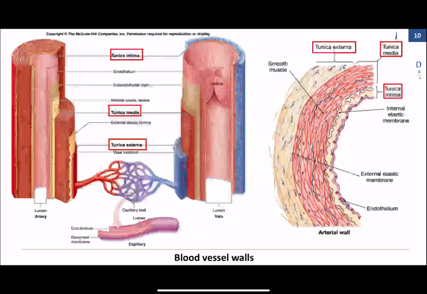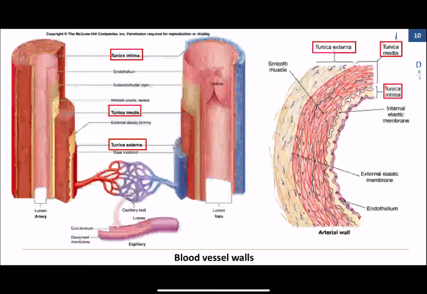And then out here is my tunica adventitia, which has connective tissue, and if it's not running through connective tissue, if it's something you can dissect out as a separate organ in and of itself, it would have a simple squamous epithelium on the outside here. Now this is labeling some of our extra components, internal and external elastic membrane, and so on. We'll look at those in more detail as we go through, particularly within the arteries.